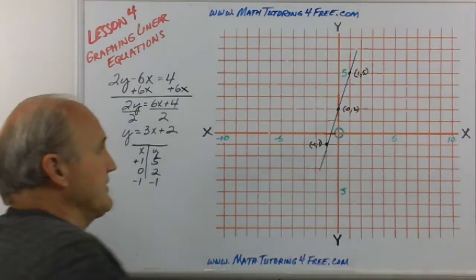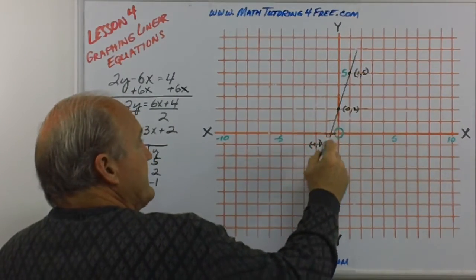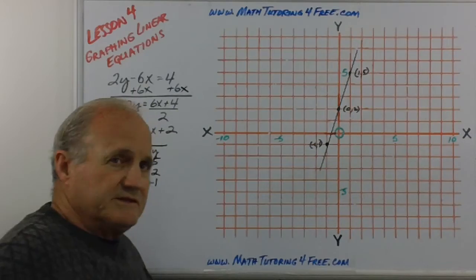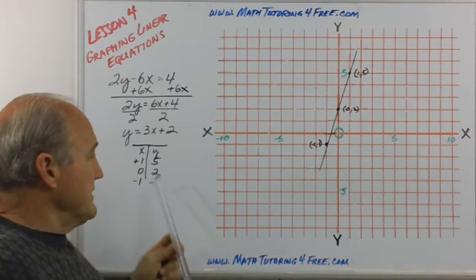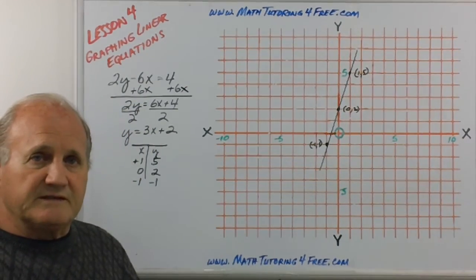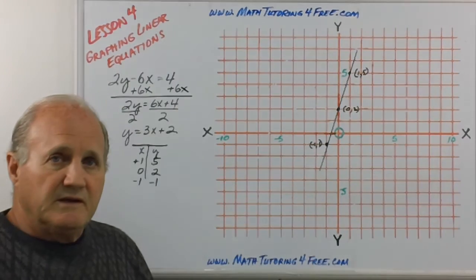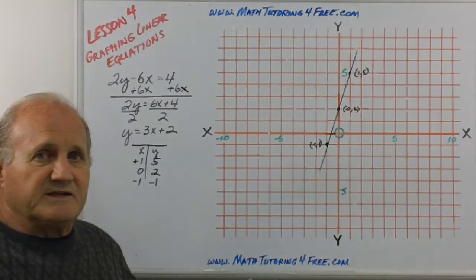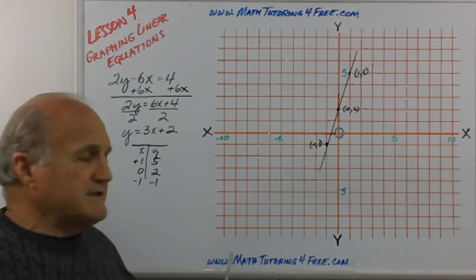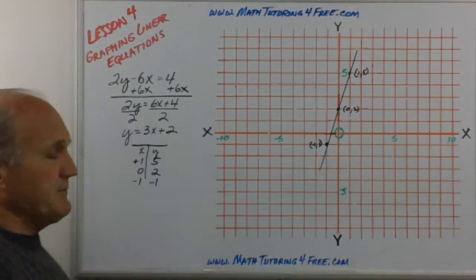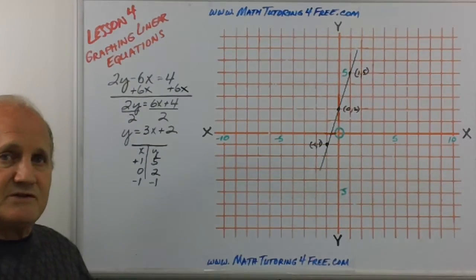And if, for instance, we had 3 points very close together, that's where I suggest you put some bigger values in for x to find values of y, and we'll have the 3 points spread. I hope you see this is fairly simple. This equation, by the way, happens to be something we call the slope-intercept form.